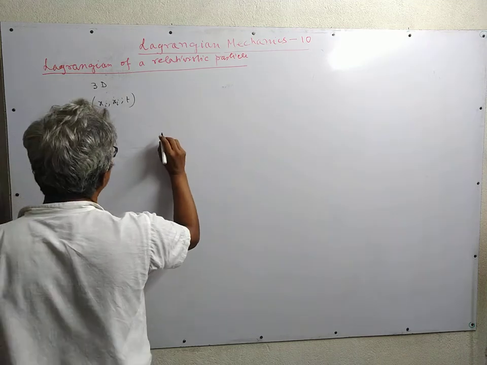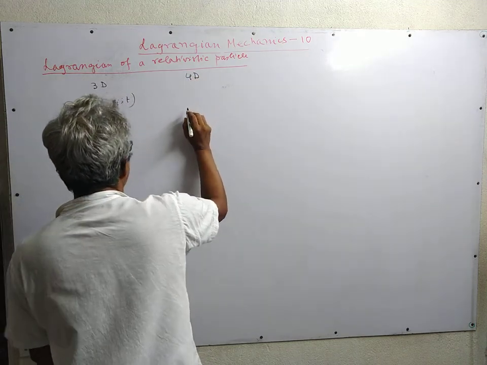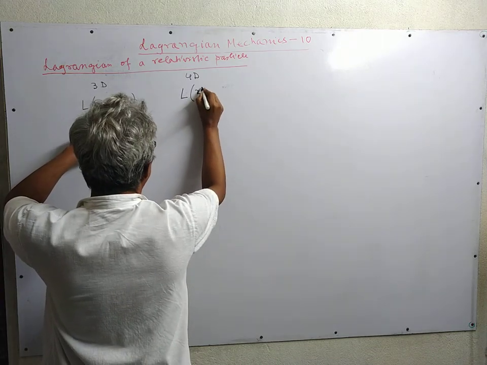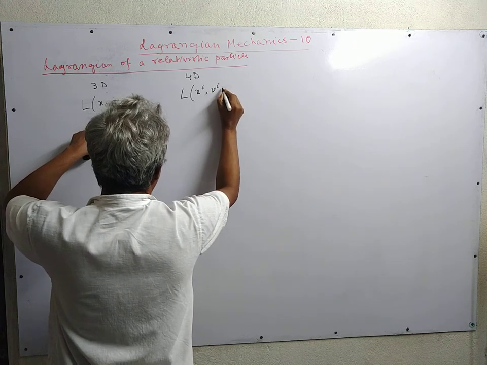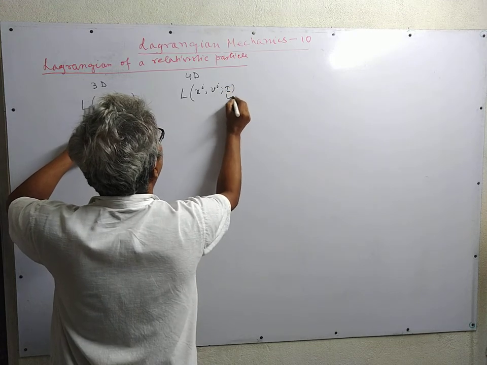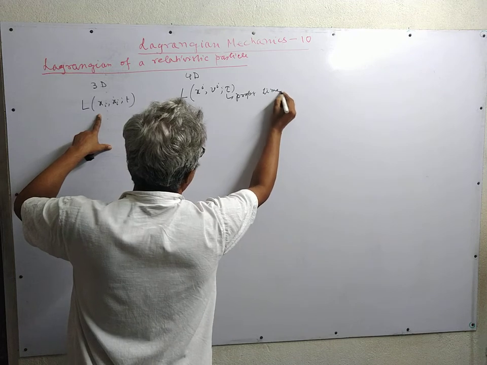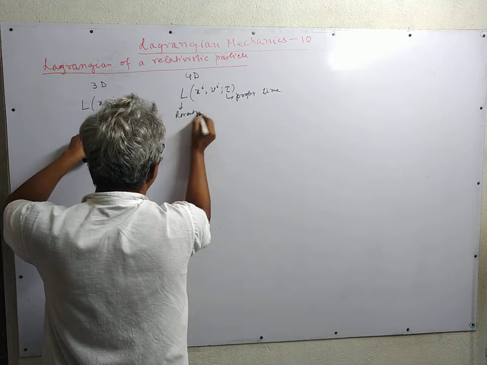If we want to define it in 4-dimensional Minkowski space, we should write the Lagrangian L as a function of the proper time tau, and this should be a Lorentz scalar.